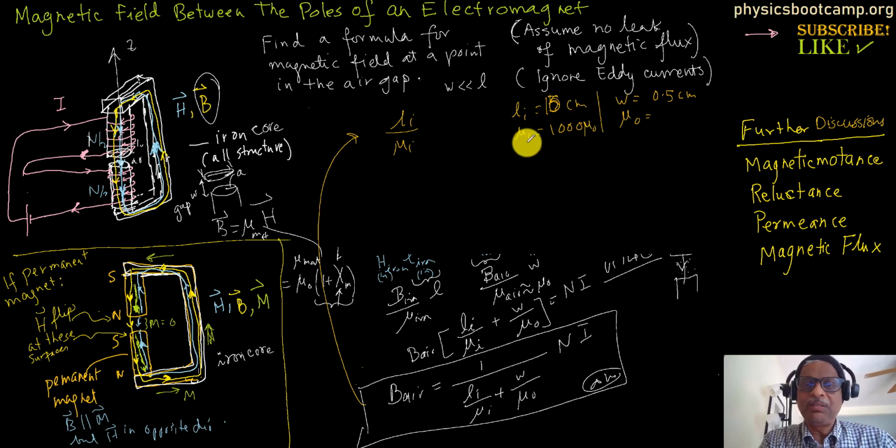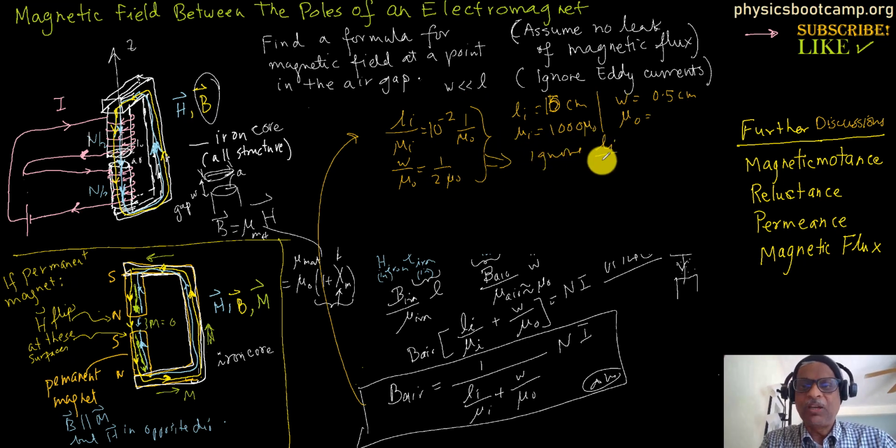So if you convert this, it is going to be 10 to the power minus 2 over mu 0, and W over mu 0 is going to be 1 over 2 mu 0. So this would mean ignore Li over mu I compared to W over mu 0.